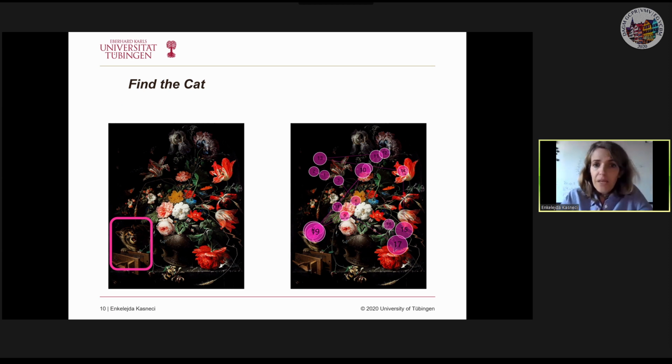And indeed, as we measure the visual search of a participant, in this example we had a person doing the search, and we have the temporal order of the fixations. We can see here that it took the person 19 fixations to get to the cat. Why? Because it's obviously not the most salient object in this image, so it's pretty hard to find, but then you see that the search stops.